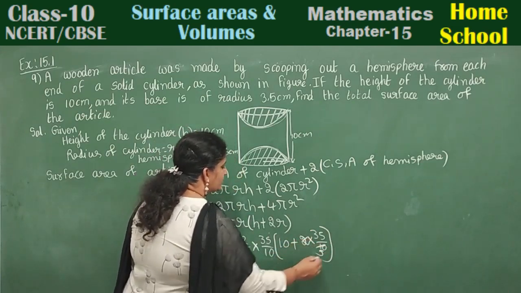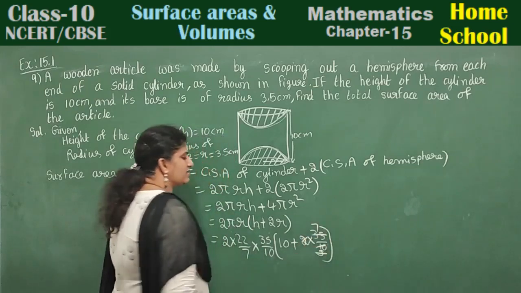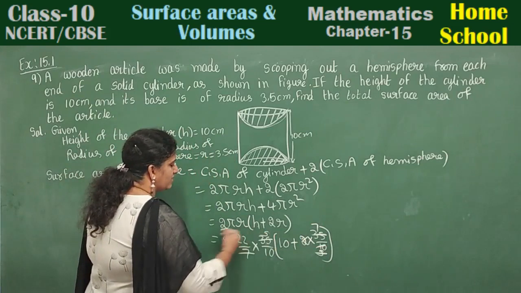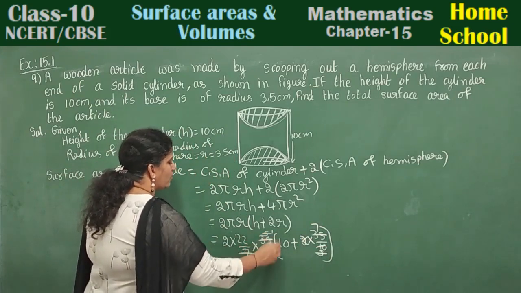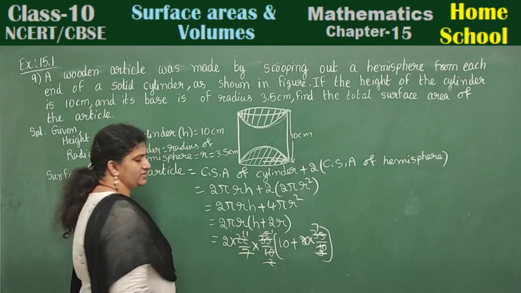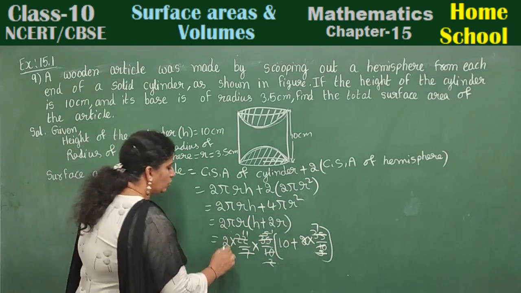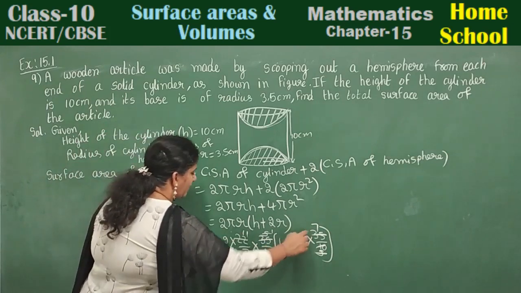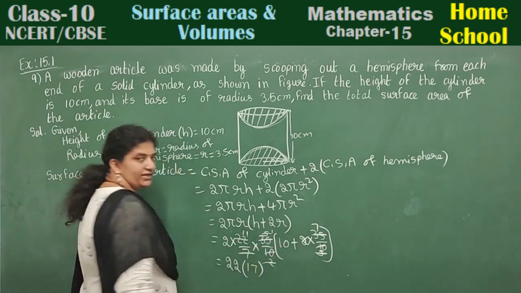Cancel: 2 5s are 10, 5 7s are 35. And here, 7 5s are 35, 5 1s, 5 2s. Again here, 2 11s, 11 2s are 22, into 10 plus 7 will be 17.